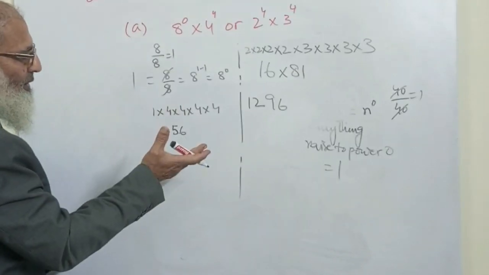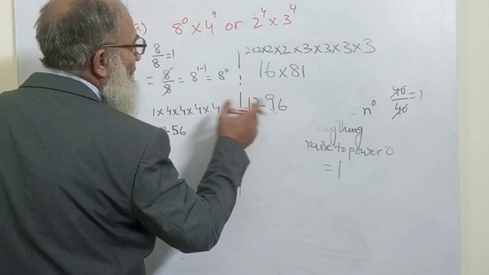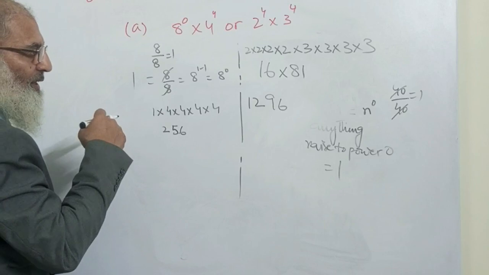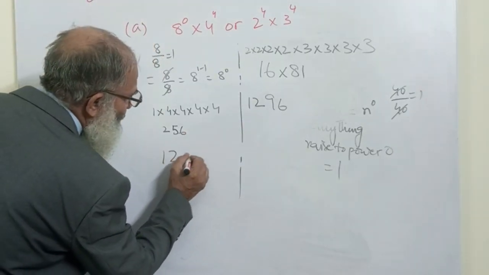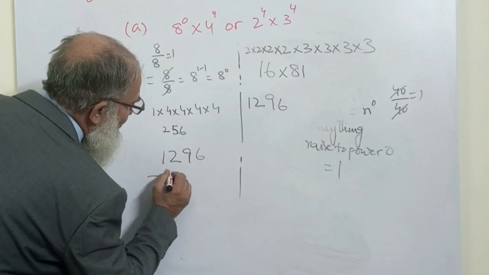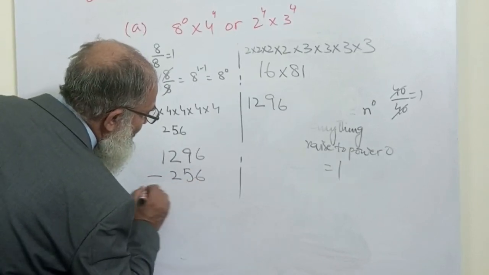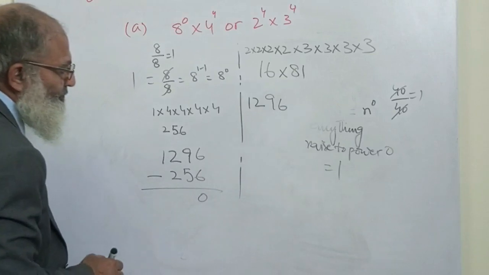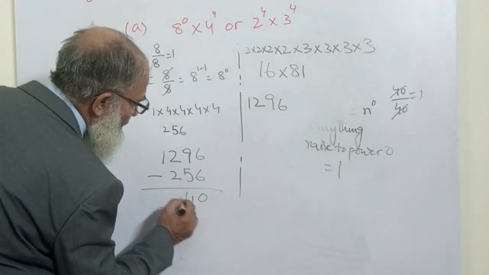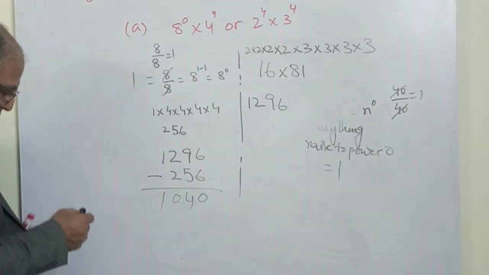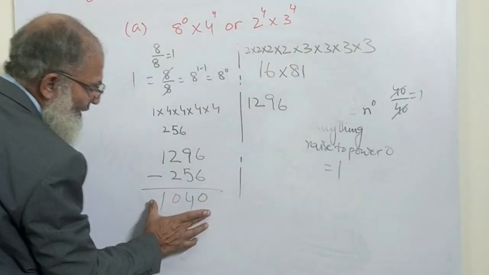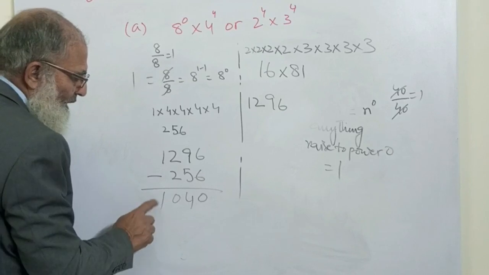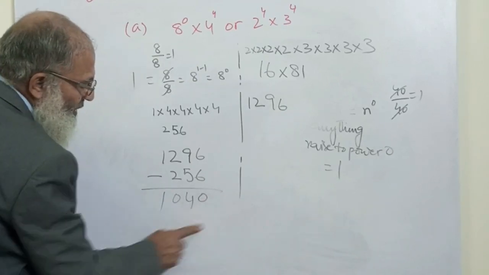Now he has also asked by how much the greater one is greater. Now we have to subtract 1296 and 256. So what becomes 0? 401. So this one is greater, this much.